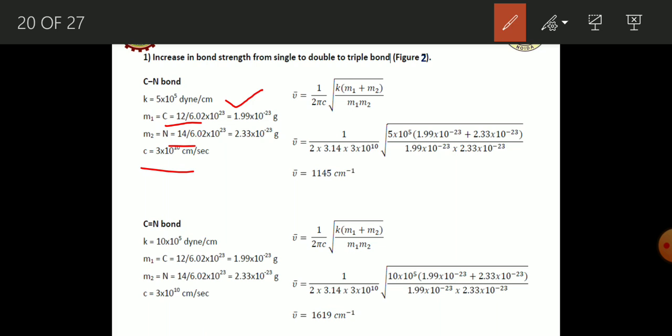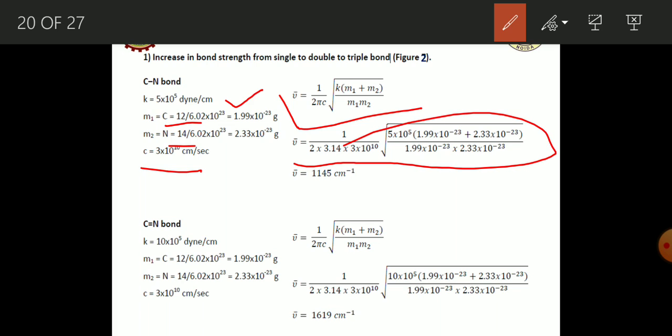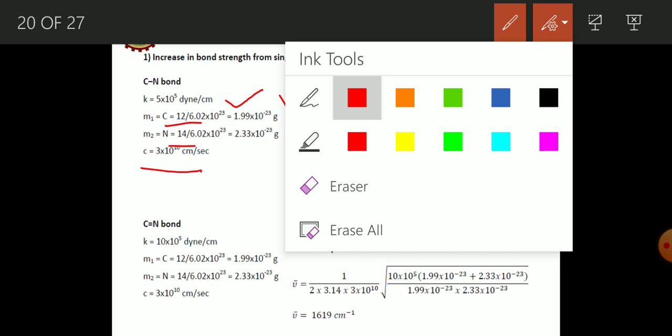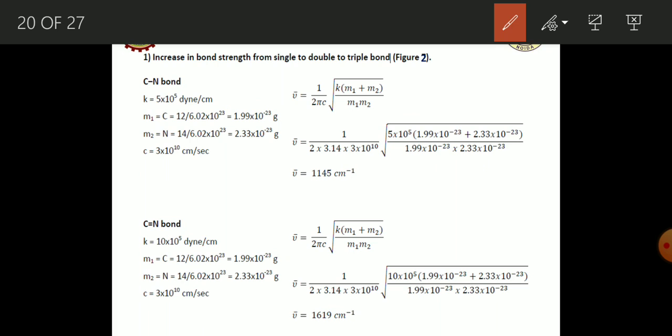Next, the speed of light is 3 into 10 to the power of 10 centimeter per second. Substitute the values to calculate the wave number using the Hooke's law equation: nu bar is equal to 1 by 2 pi c times the root of k into m1 plus m2 divided by m1 m2. Substituting the given data, we get the wave number 1145 centimeter inverse.